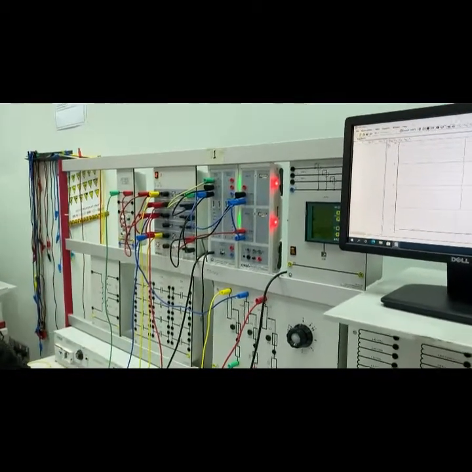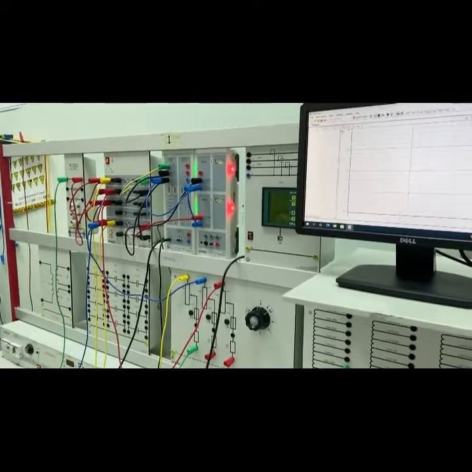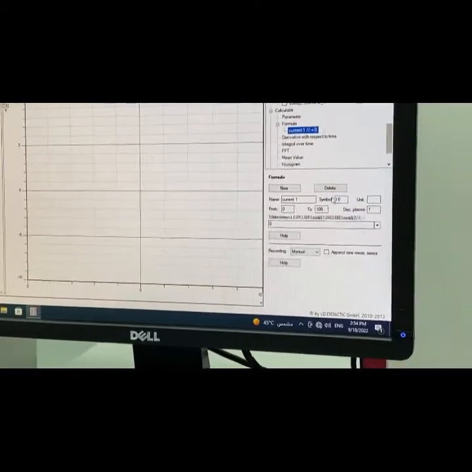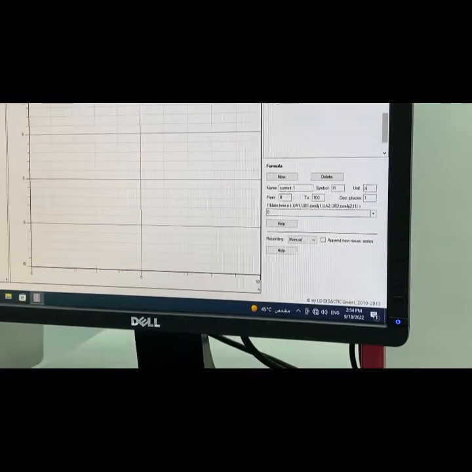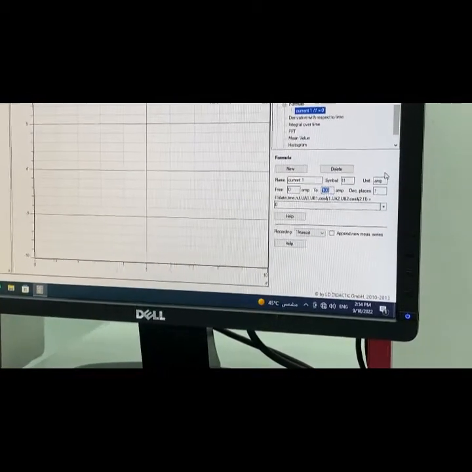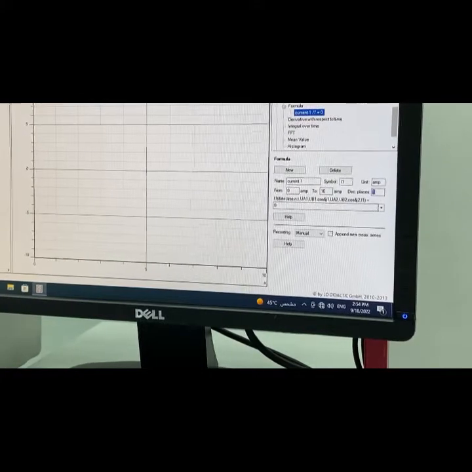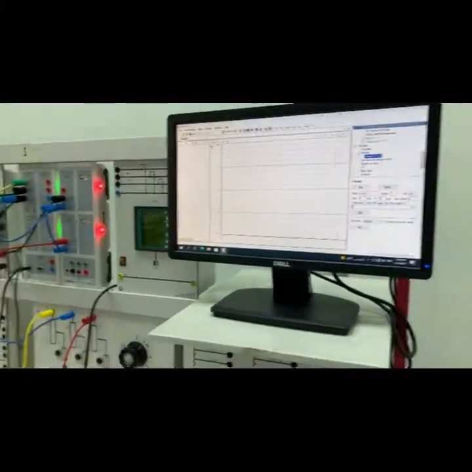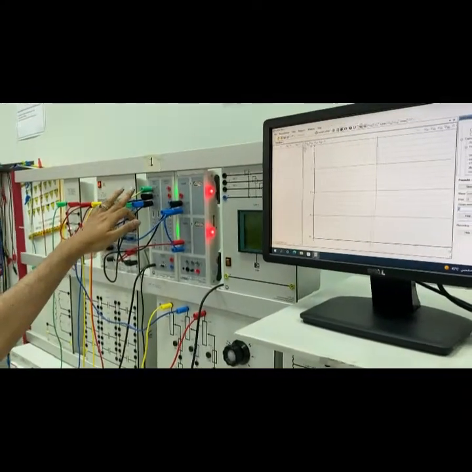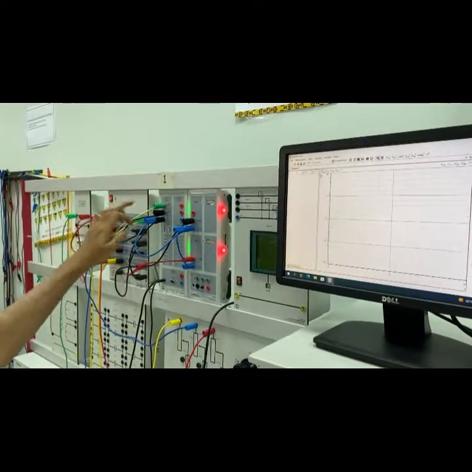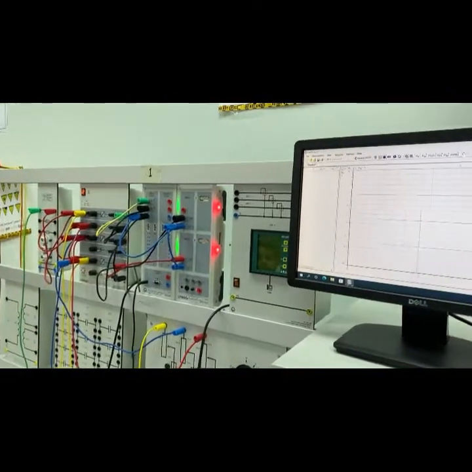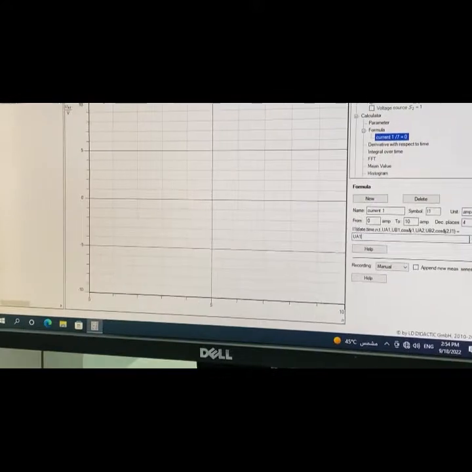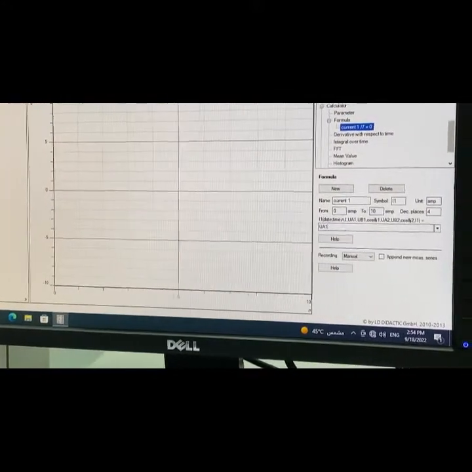We'll give the name current 1, and symbol I1, unit ampere, from 0 to 10. For the current, always decimal places 4. What should be the formula? Only UA1, because this is channel A. Because we did not multiply or divide by 100, this is only UA1. Clear? Okay, great, this one is done.